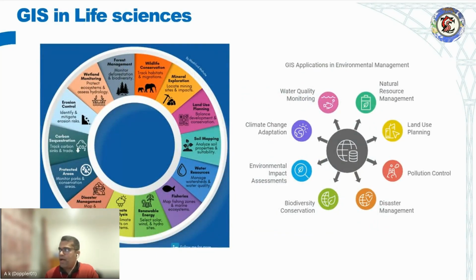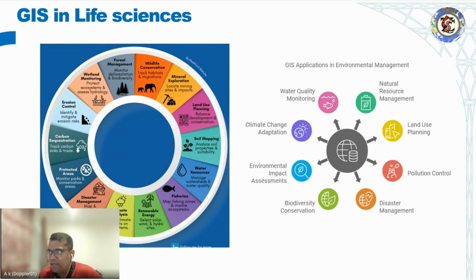So let's get back from space to the life sciences where GIS is used. In the life sciences itself, obviously, we have a very broad spectrum of themes or subjects. But more from the conservation, ecology, environmental science side, these are some broad categories where GIS is actively used, and I can confirm that.